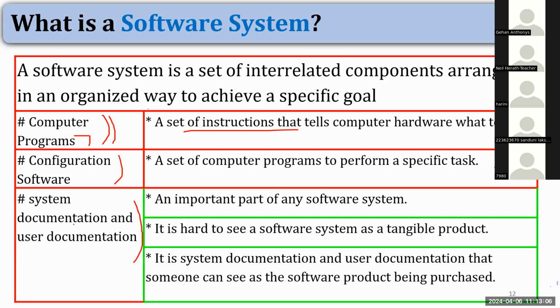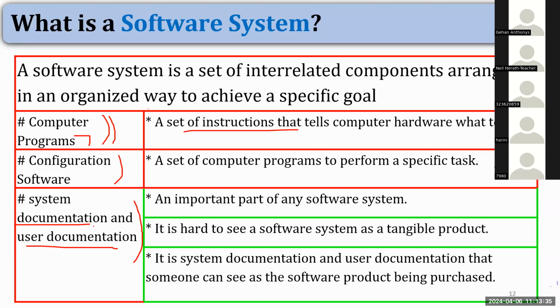And other things are the system documentation and the user documentation. The system documentation is, when you buy a software, it tells you how to install that software on the computer or laptop, and how that product communicates. Those things are part of the system documentation.